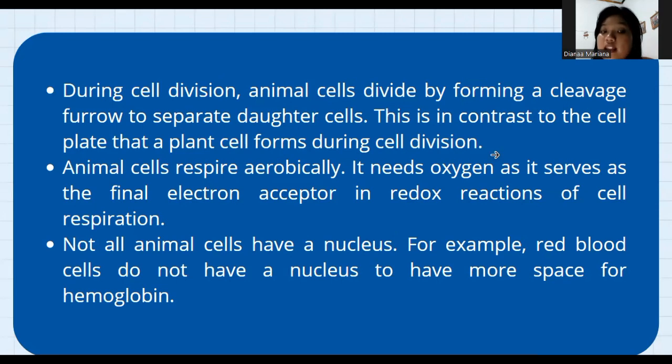Two, animal cells respire aerobically. It needs oxygen as it serves as the final electron acceptor in the redox reactions of cell respiration. Three, not all animal cells have a nucleus. For example, red blood cells do not have a nucleus, to have more space for hemoglobin.